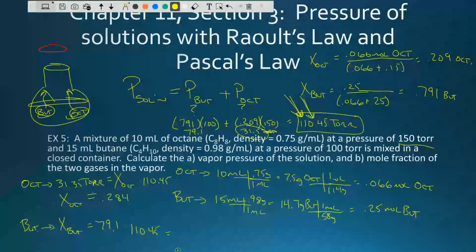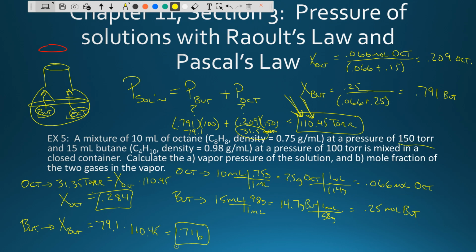That equals 0.716. Okay? So that's how I find those if I knew the pressure of the entire system. The pressure of the gas is going to be the mole fraction times the pressure total. Okay? Because I can mix and match this equation.